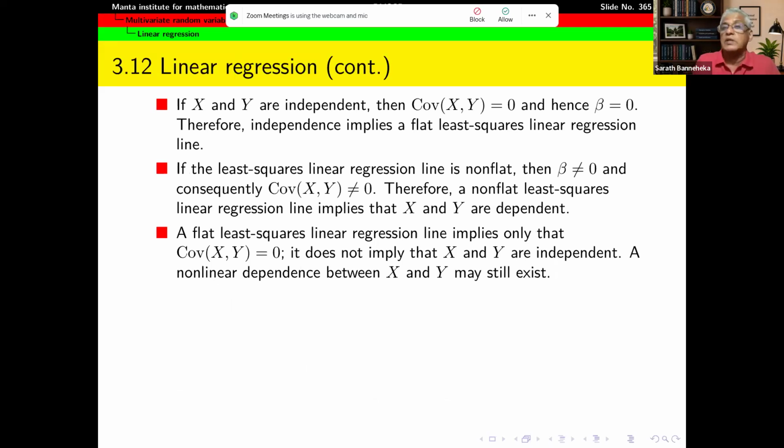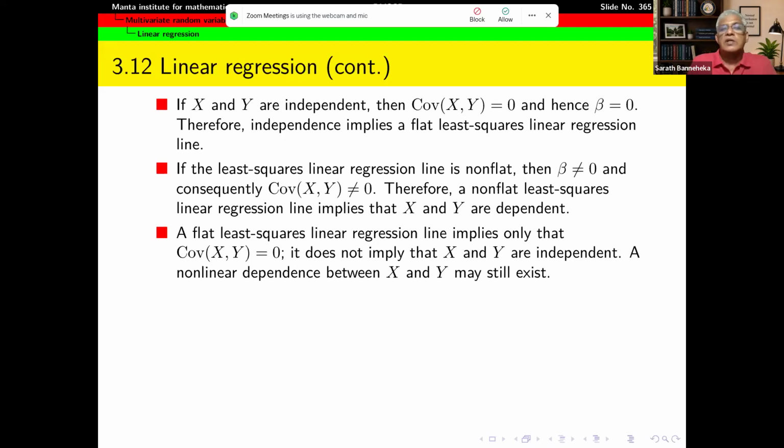If x and y are independent, therefore independence implies a flat least squares linear regression. So if the correlation is equal to zero, that also implies a flat regression line. And in particular, if x and y are independent, then we have a flat least squares regression line.